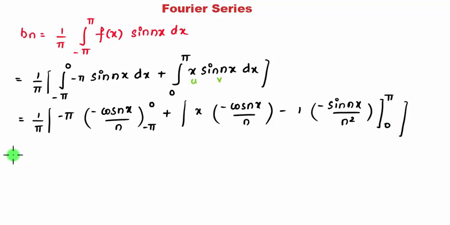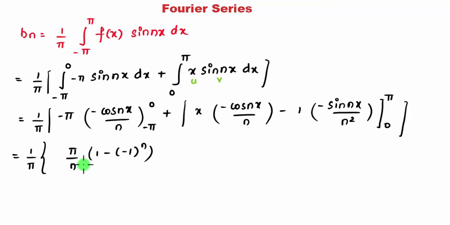Now let's substitute the limits. I get 1 by pi, here minus pi by n as a constant, keep it outside, minus and minus becomes plus. So when you put cos 0 here, I get first as 1, and when you put cos of minus n pi, that comes to be minus 1 raised to n.